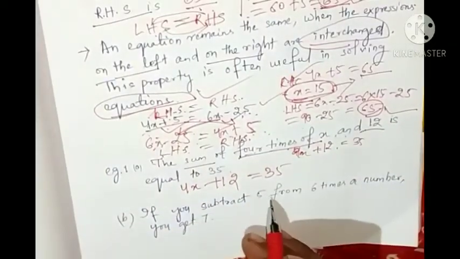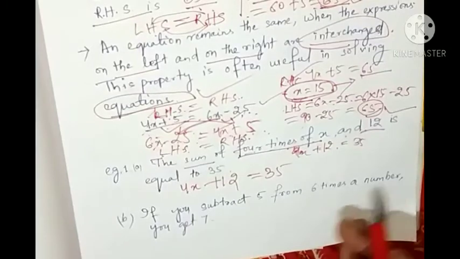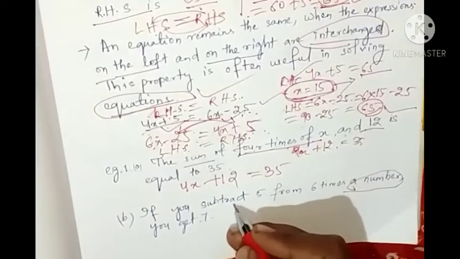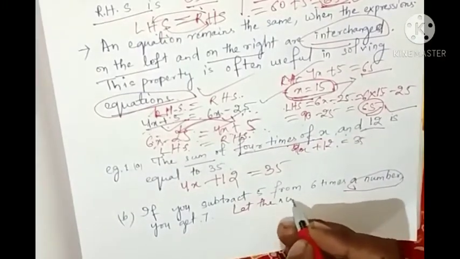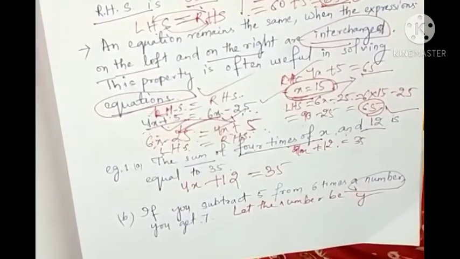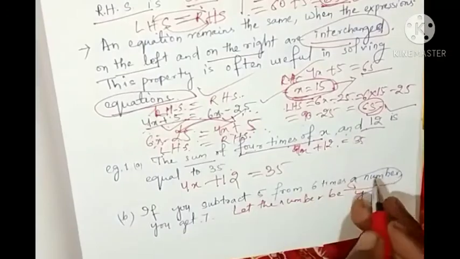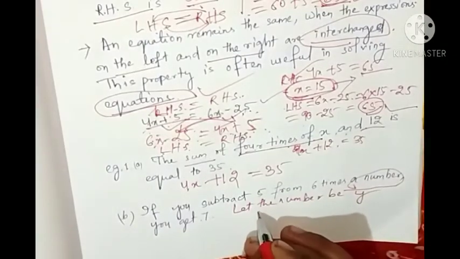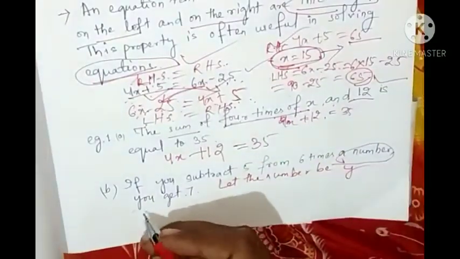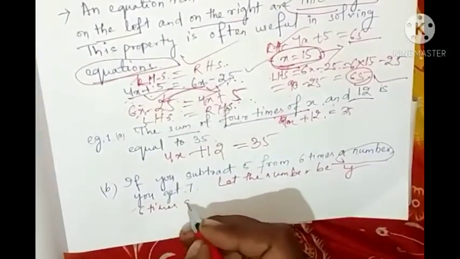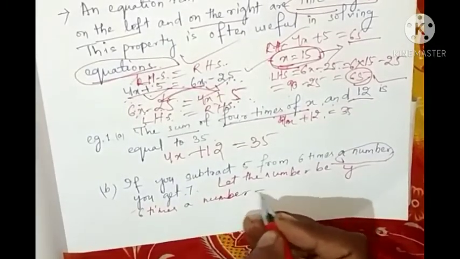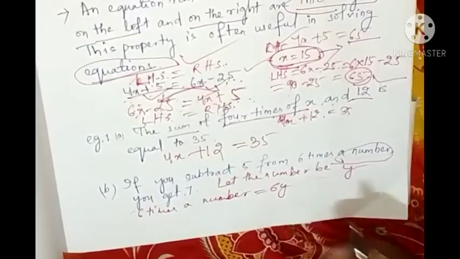If you subtract 5 from 6 times of a number, you get 7. Let the number be y. So 6 times of a number means 6 times of y, that is 6y.